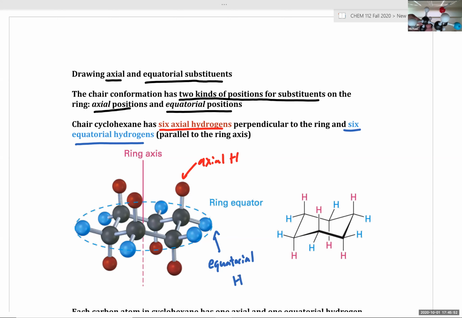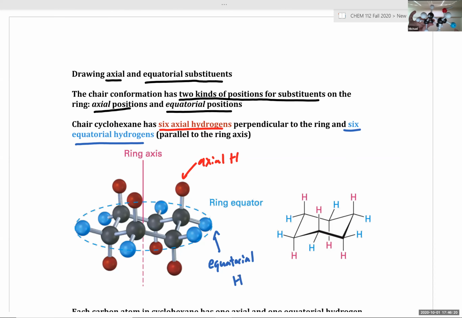Does everyone notice how our axial substituents, which are the substituents in red, are perpendicular to our plane, while our equatorial hydrogens are parallel to our plane?